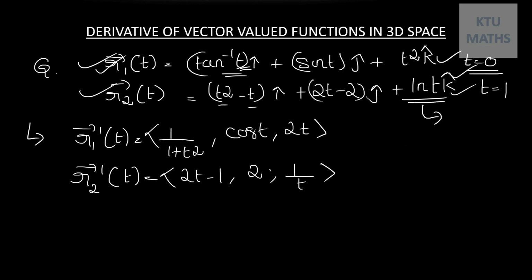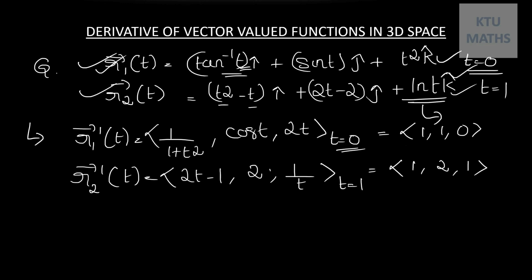At the origin both vector valued functions will have different values of t. Now we can substitute that. At t equal to 0 it would be (1, 1, 0). The second one, at t equal to 1, would be (1, 2, 1), that means i plus 2j plus k.